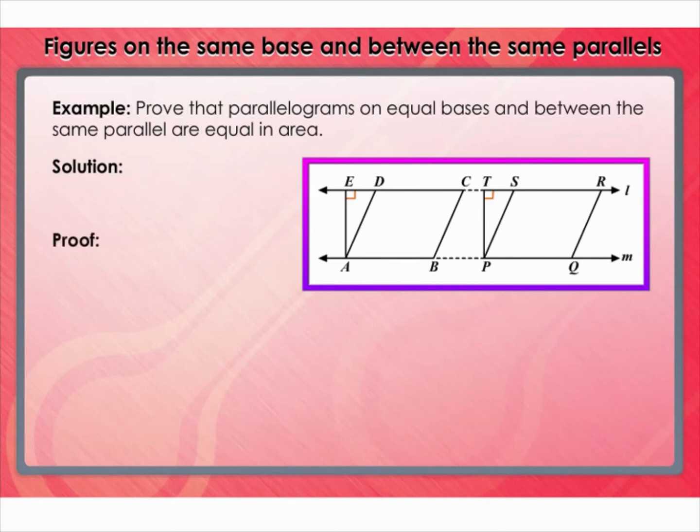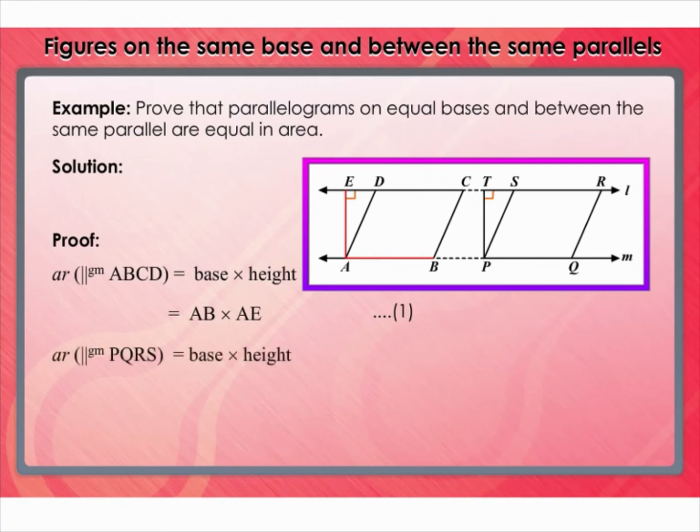Let's begin with the proof. Using the formula, area of parallelogram ABCD is equal to the product of base and height, we have area of parallelogram ABCD equal to product of AB and AE. Denote this as equation 1. Similarly, area of parallelogram PQRS is equal to product of PQ and PT.